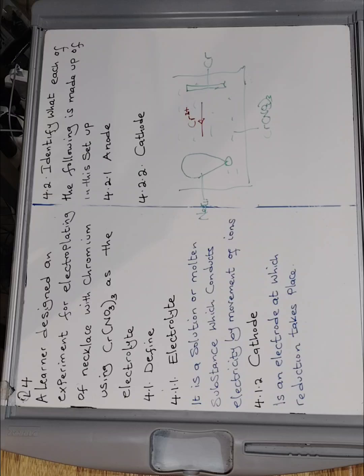Remember, we don't know which one is anode, we don't know which one is cathode. But remember, we know something. What do we know? We know that in accordance with the mechanism of conduction of ions, positive ions move towards the negative electrode, and the negative ions move towards the positive electrode. That's the mechanism of conduction.